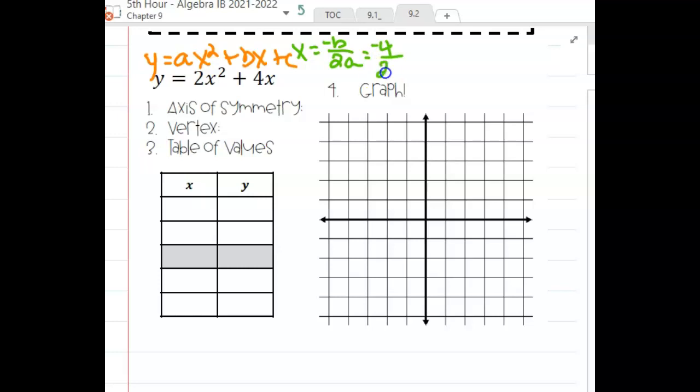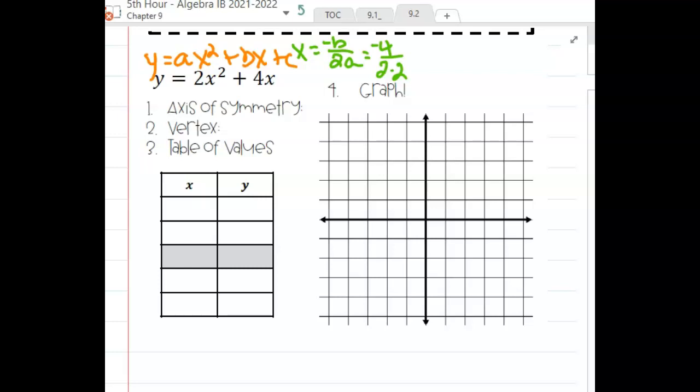Over 2 times, then I need my a. A is always the number in front of your x squared. So in this case, the 2. That's what you're going to plug in for a. So we have the opposite of b over 2 times a. Does it make sense where I got this number from? Yes.